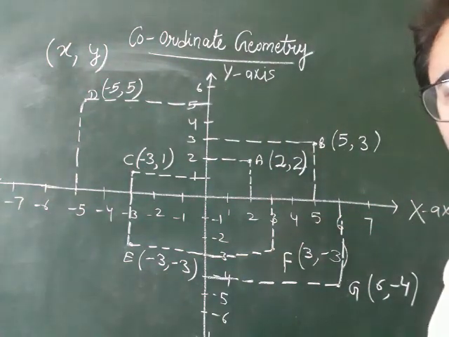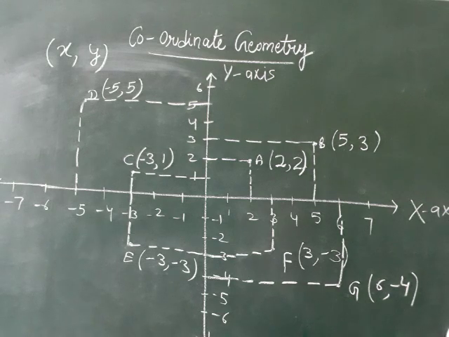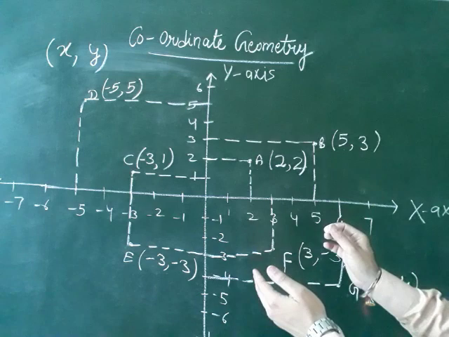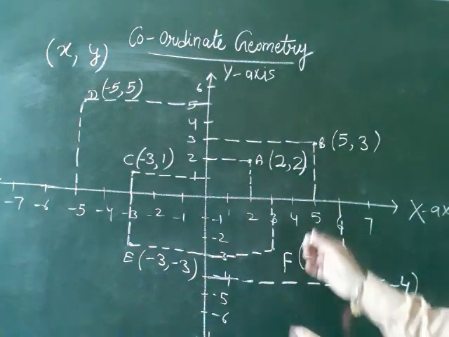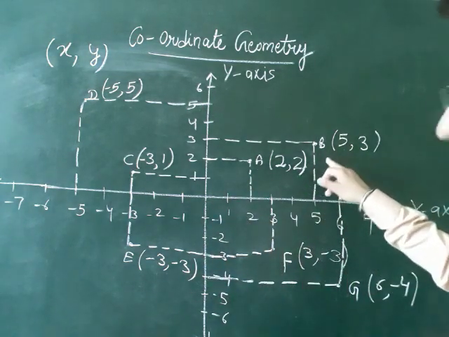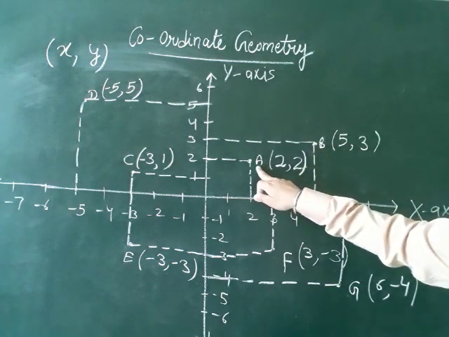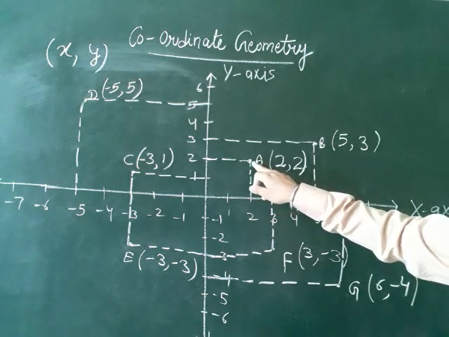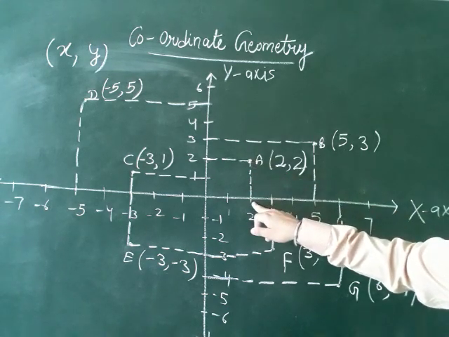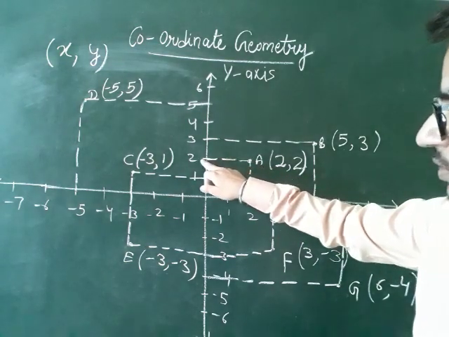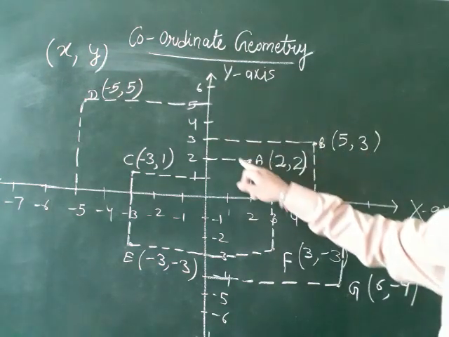Now I am going to repeat what we have done in this video. In this video we get to know how to read out or how to find the coordinate of any point which is represented on xy plane. So we have to find the coordinate of A. From point A we have drawn a perpendicular line on x-axis, and from point A we have drawn a perpendicular line on y-axis.